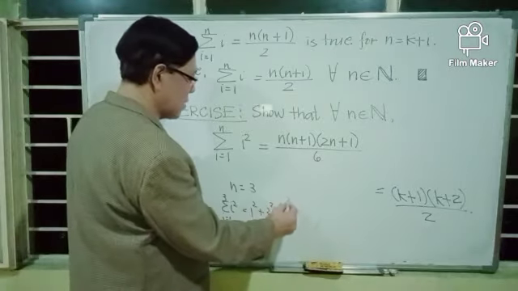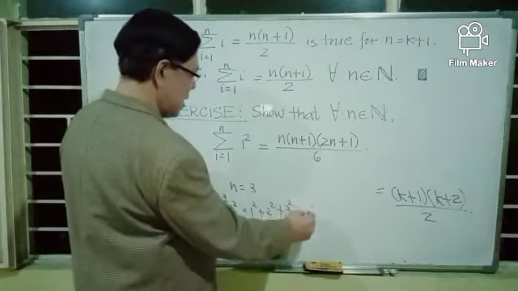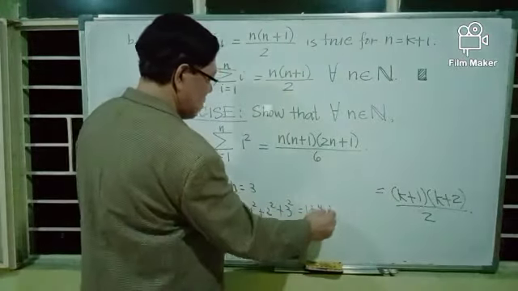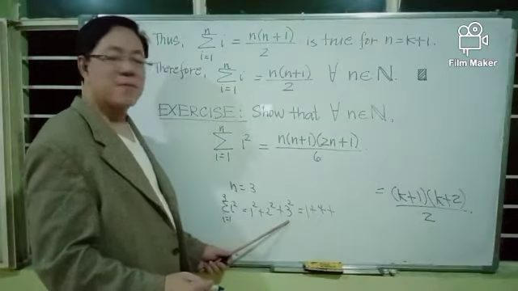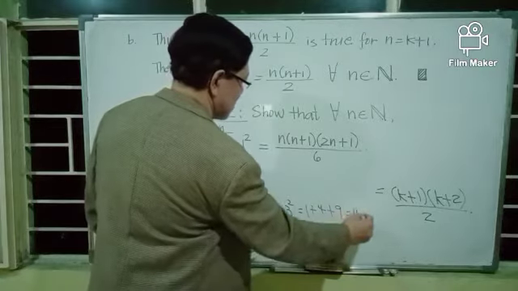And you get 1 plus the square of 2 is 4, plus the square of 3 is 9, or 14.